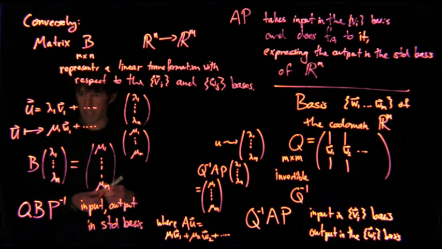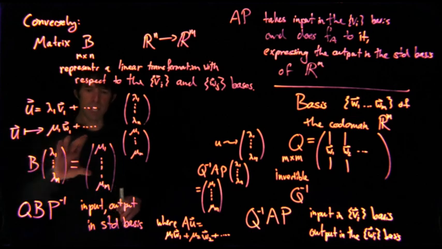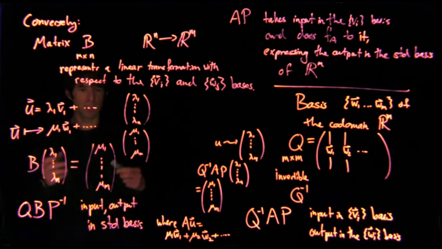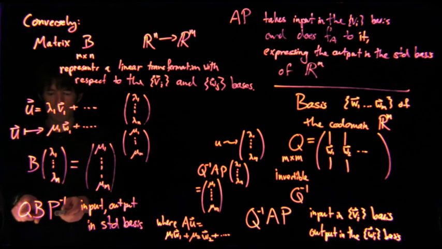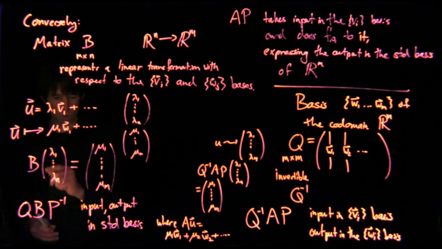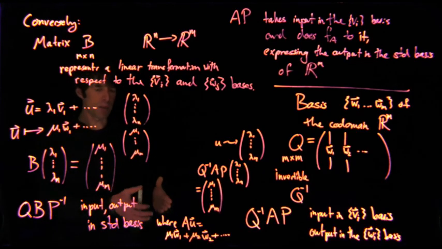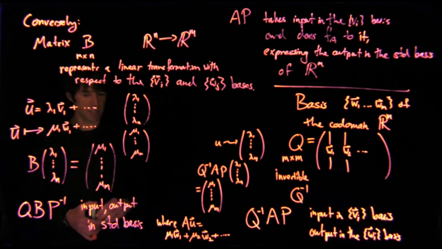So we started with the matrix B representing what happens to representations of vectors in these new bases, and we were able to convert back to a matrix which represents what this linear transformation does to vectors when we write them down with respect to the standard bases for the domain and codomain.